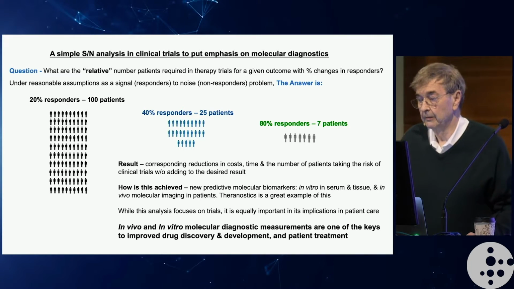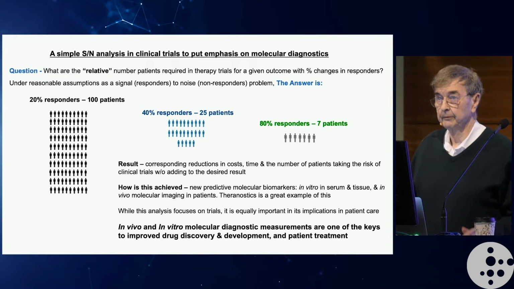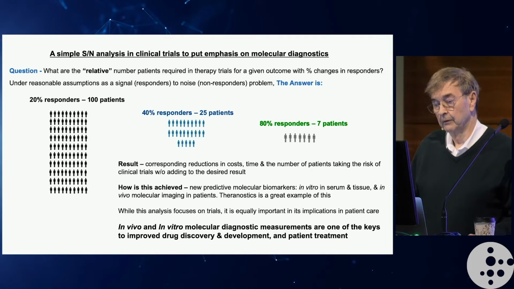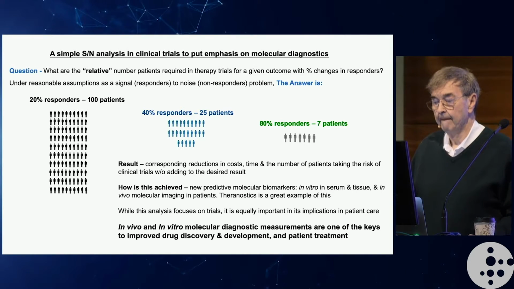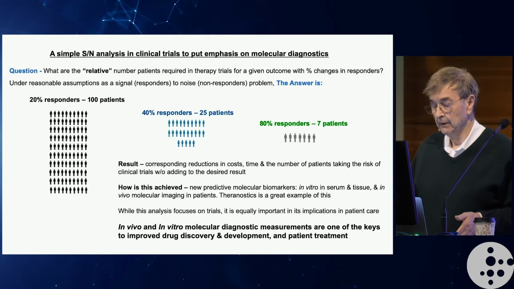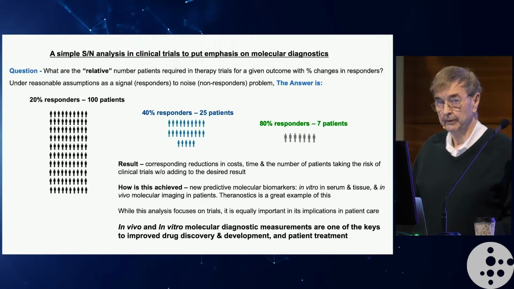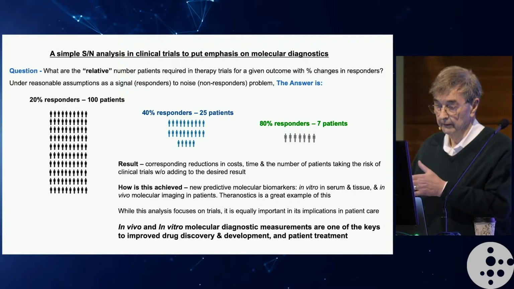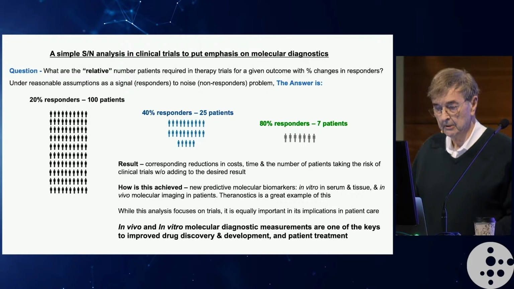Now, under reasonable assumptions, the answer is if you have 20% responders, which is pretty normal for clinical drug trials, it takes 100 patients. If you had a way to increase the responders to 40%, it takes 25 patients. If you had a way to further increase it to 80%, it takes 7 on a relative scale.